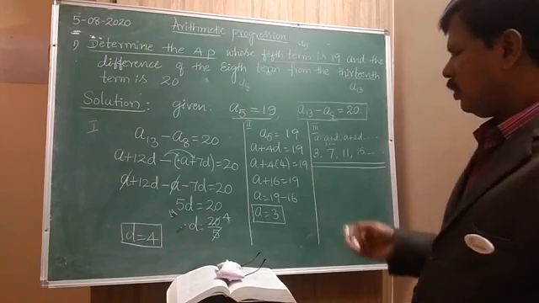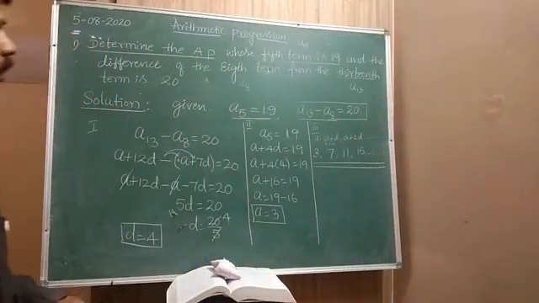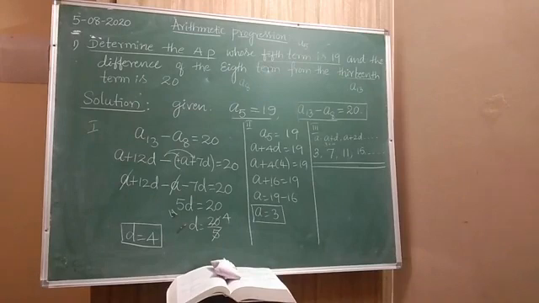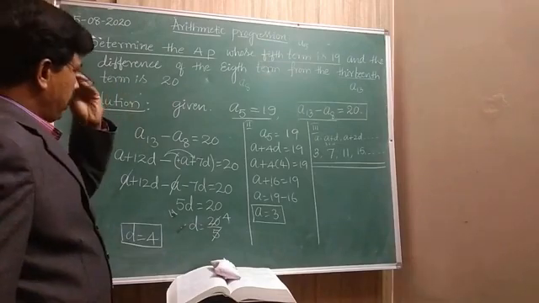Now look at that. What is given? Read the question: determine the AP whose fifth term is 19, and the difference of the 8th term from the 13th term is 20. Then finding the AP.